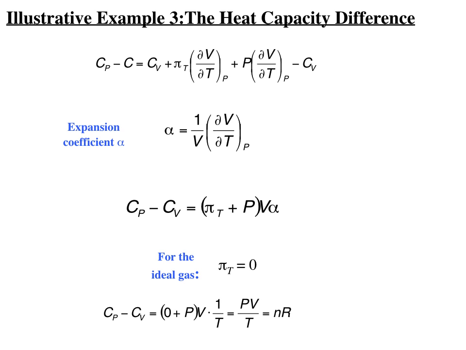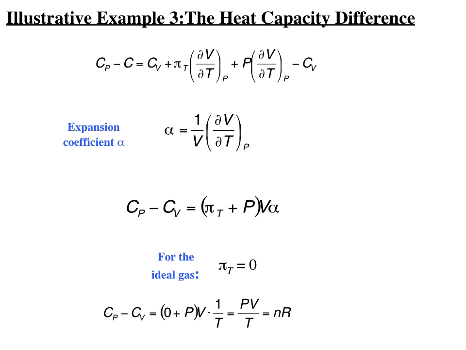This is a completely general expression for the difference between heat capacities of any gas, real or ideal. Now, if the gas happens to be ideal, of course, we've seen that pi T is 0.